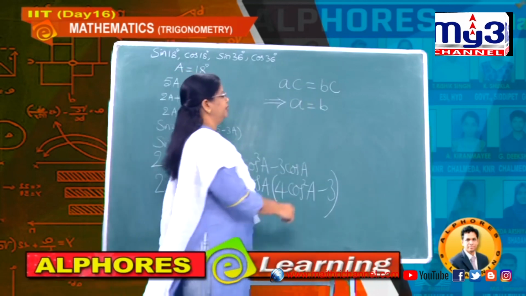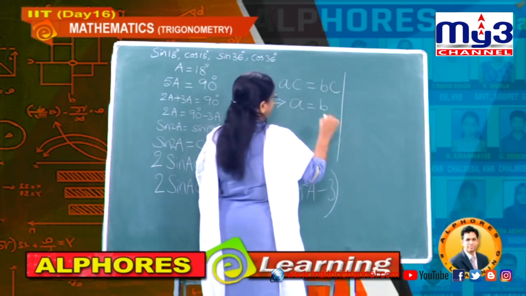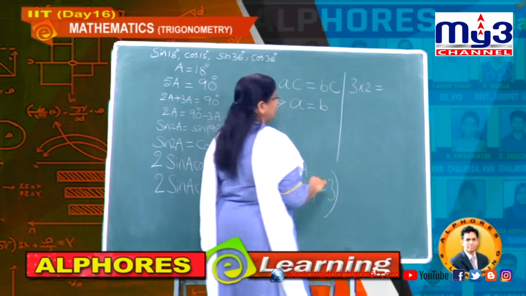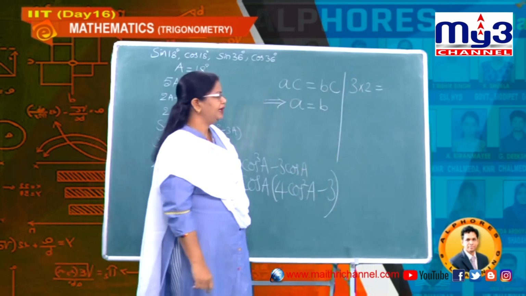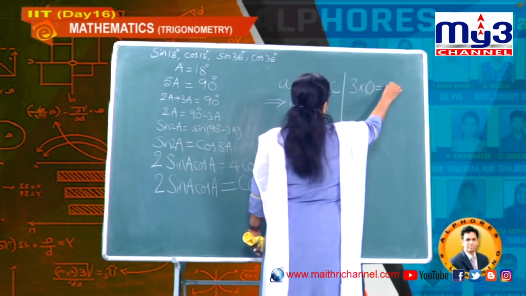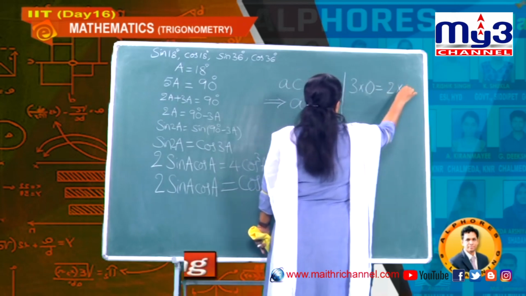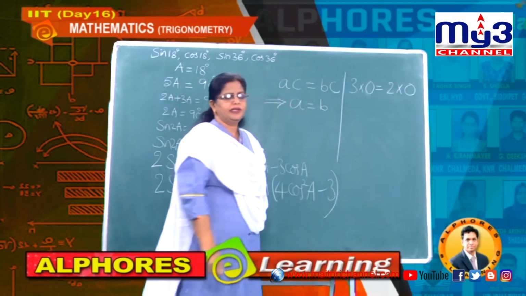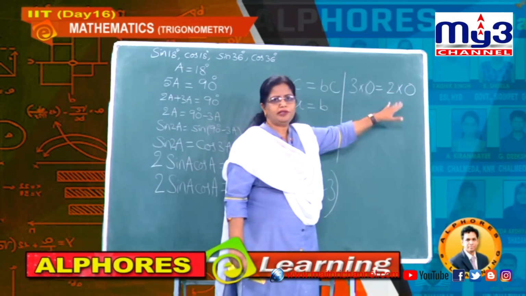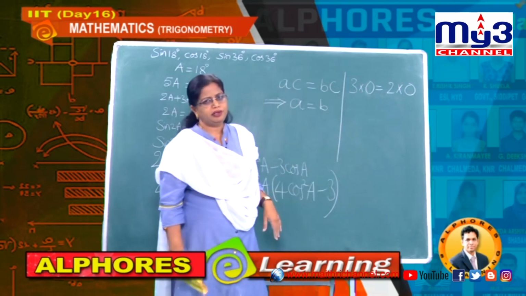Nothing. But if I use numbers, 3 into 2 equal to 6, and suppose 3 into 0 equal to 2 into 0, is there any wrong in the equation? 0 equals 0, no wrong at all.